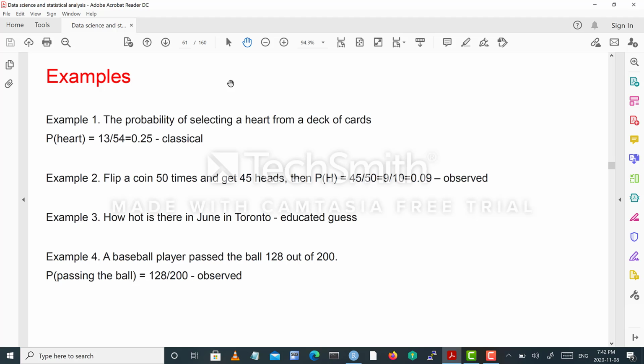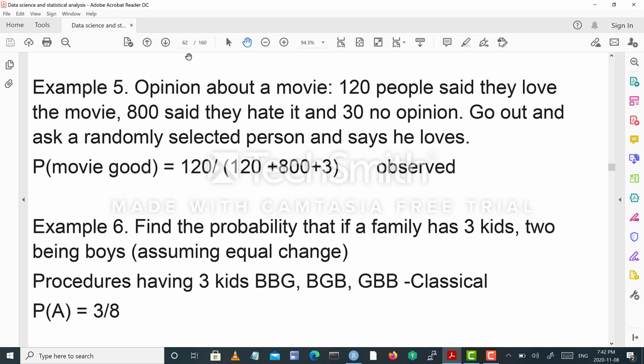Example 4: a baseball player passed the ball 128 out of 200. The probability of passing the ball is equal to 128 divided by 200. This is what we observed. Example 5: opinion about the movie. 120 people said that they love the movie, 800 said they hate it, and 30 had no opinion.